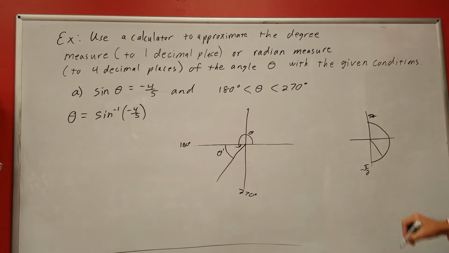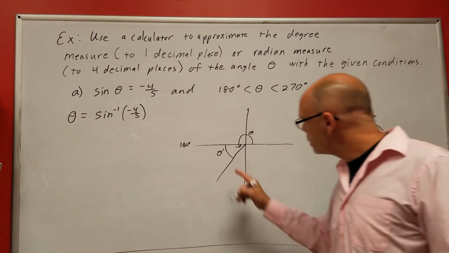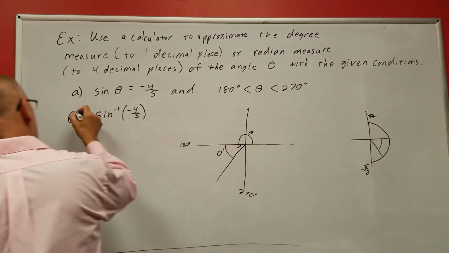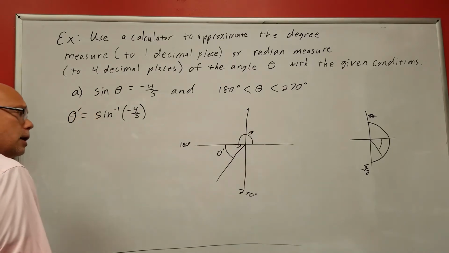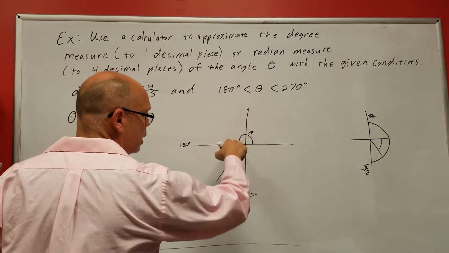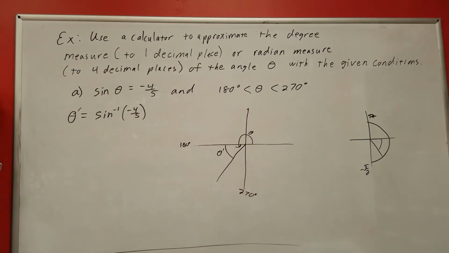So I'm going to get an angle like this, somewhere over there. So what I'm really finding is some acute angle. I'm really finding this theta prime when I do that, okay? Then I have to find theta based off of that.